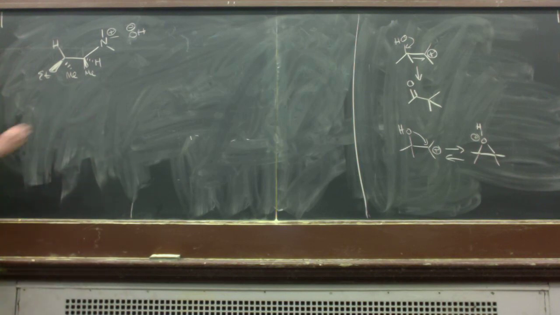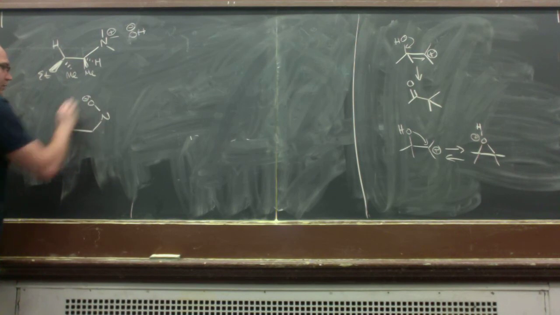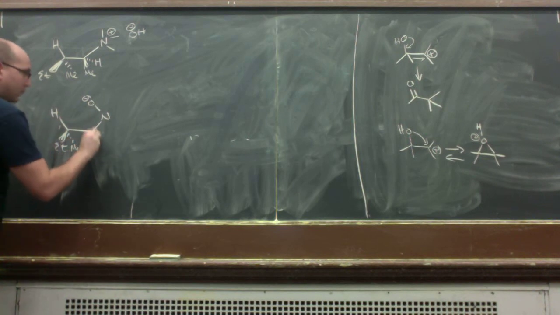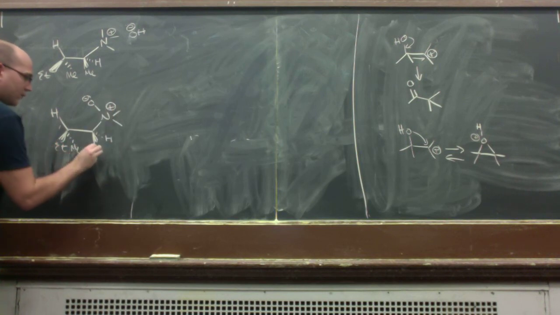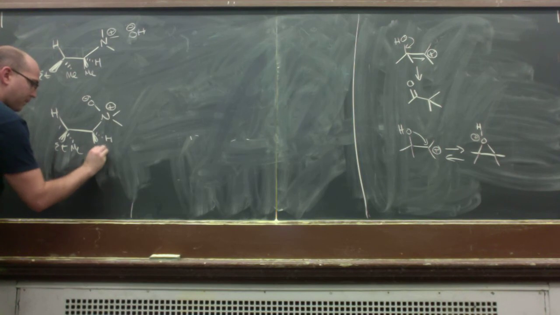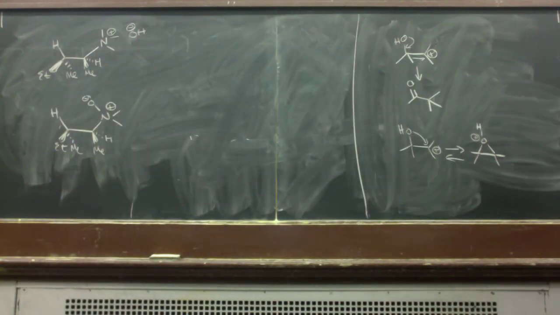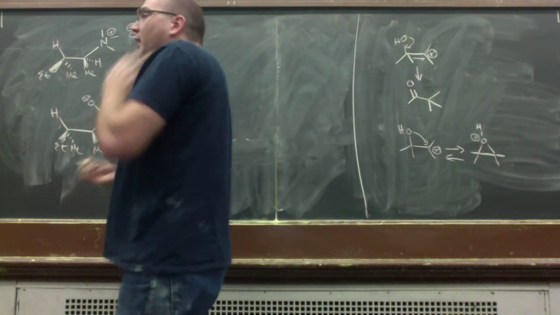And then if I draw the same thing, and I do a Cope elimination, okay, so here's two sort of analogous elimination processes where one's going to lead to one form of this alkene and the other one's going to lead to the other form of the alkene, right?